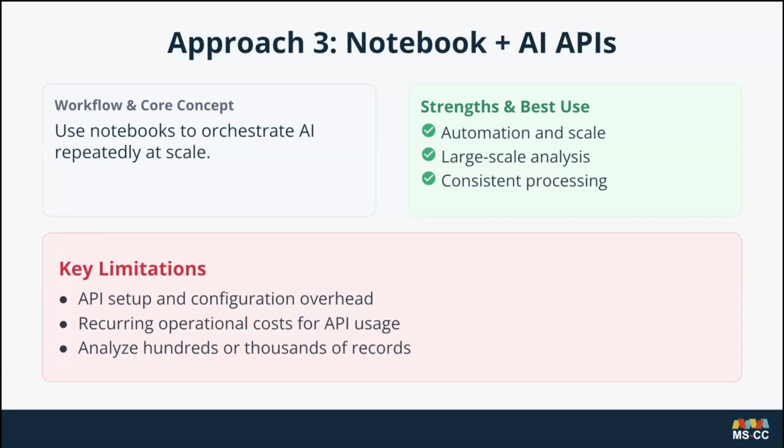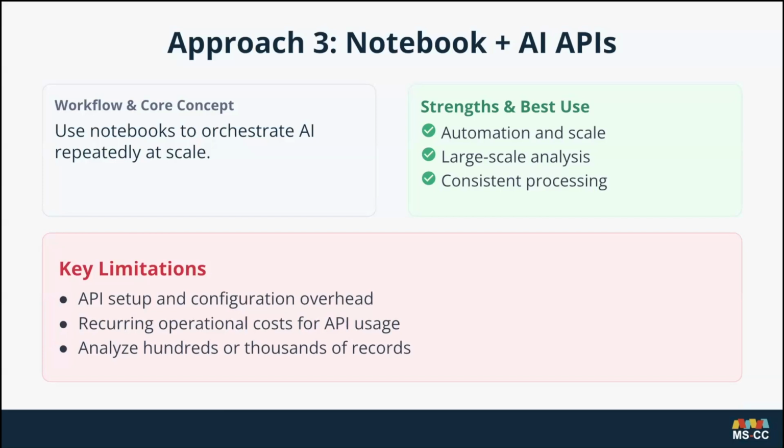So how is it different from a basic AI assistant approach where you use chat interfaces? In chat interfaces, it is a one-off conversation where you give a prompt and you get a response. Whereas in notebooks, you apply the same prompt logic repeatedly across many different rows.